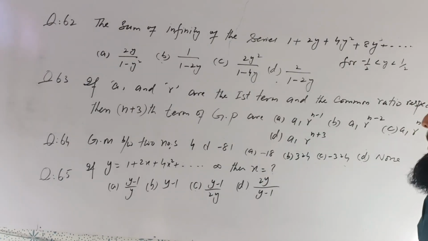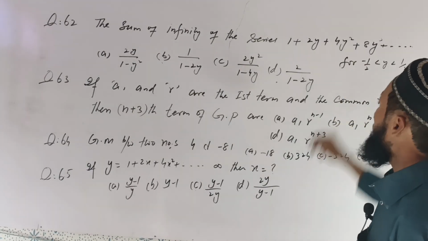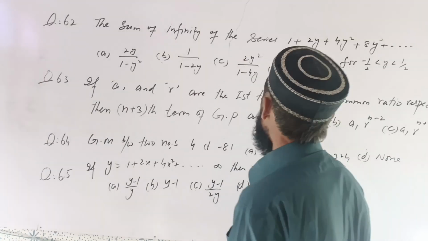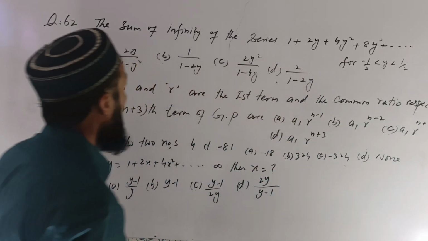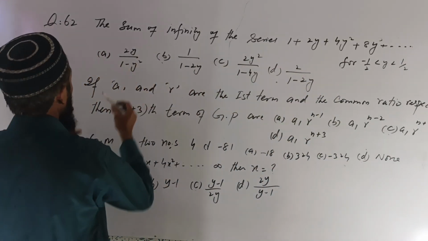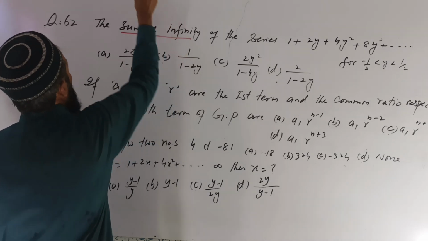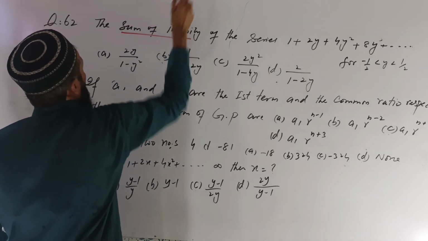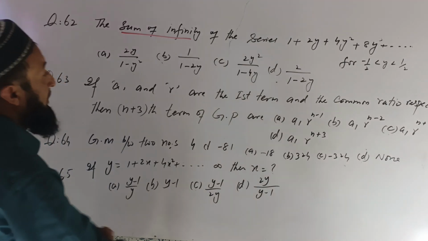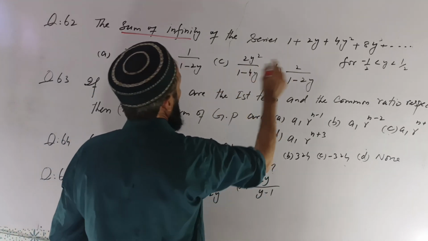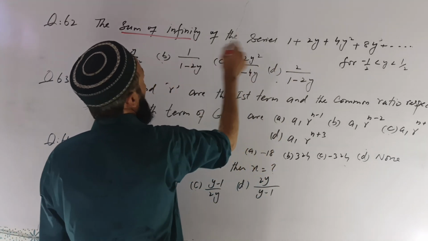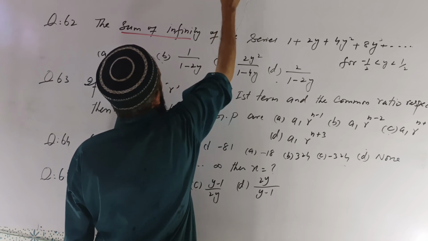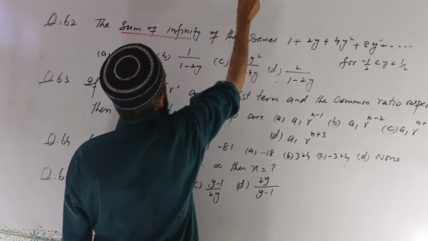Sum of the infinite series is what? As we know, the sum to infinity is a1 divided by 1 minus r. So here, what is r? The first term is a1 equal to y, and the second term is 2y squared.